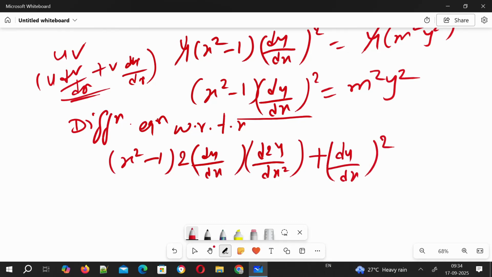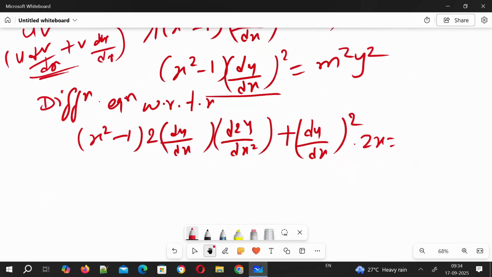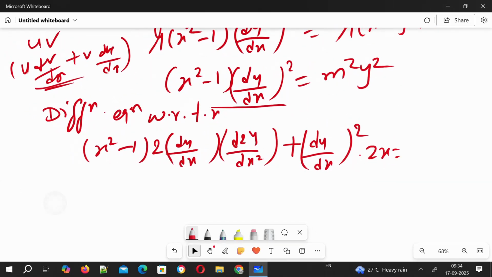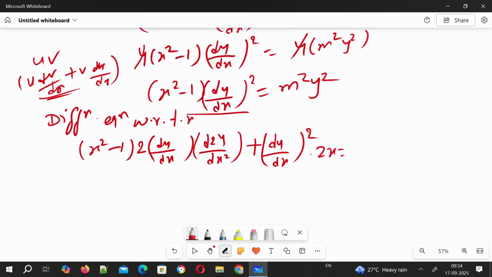And now you have to differentiate x square minus 1: x square gives 2x, and 1 is a constant, so it will be 0. On this side, m is a constant, so it will be m square, and you differentiate y square to 2y, and y again differentiates to dy by dx. Okay, this will be clear for you all.